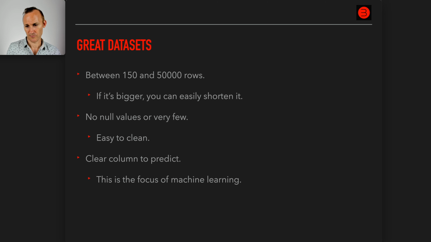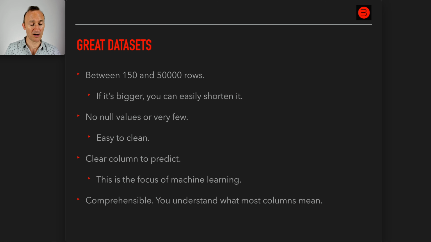Sometimes it takes some creativity. The point is that the columns should be influential, meaning that some influence the others. We'll see examples. Okay, and certainly comprehensible. So if you understand what most columns mean, that is a good sign. Okay, these are all good signs. Yes, your data set is probably totally fine for machine learning. Why the focus on machine learning? Because any of them are going to be fine for data analytics this week.